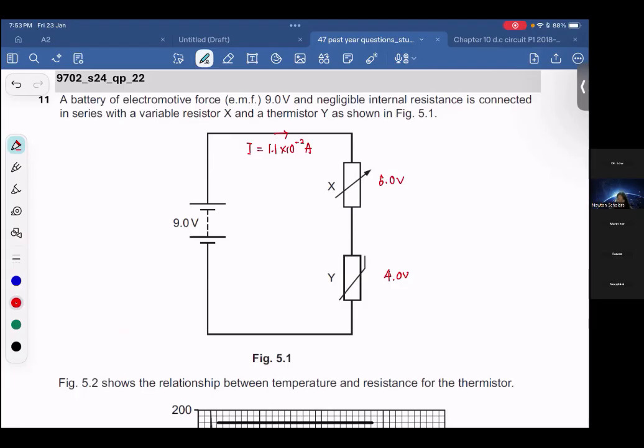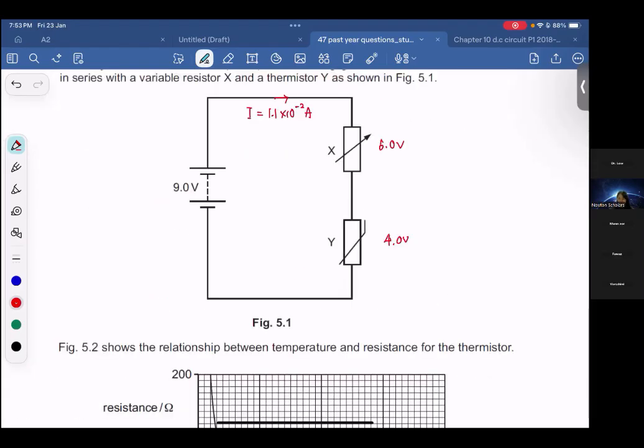Next, can you calculate the resistance X? Try to have the habit of labelling the information that you know. Now the question is asking, what is your Rx?